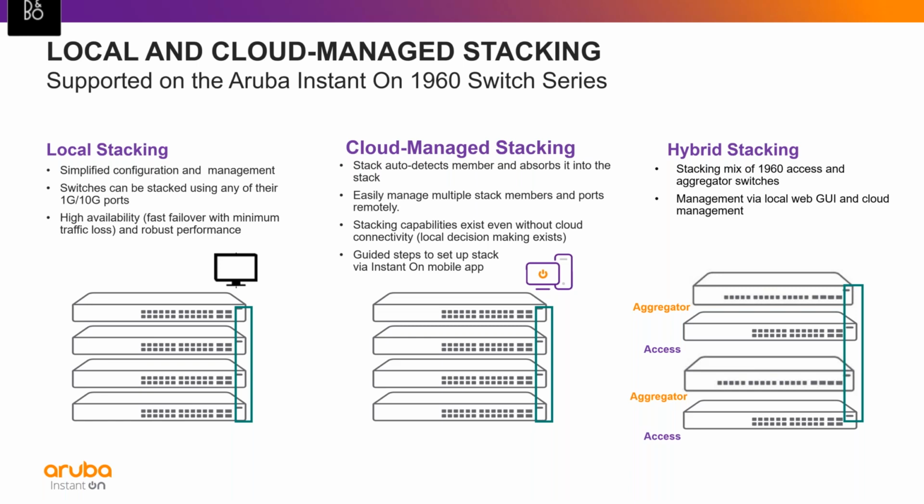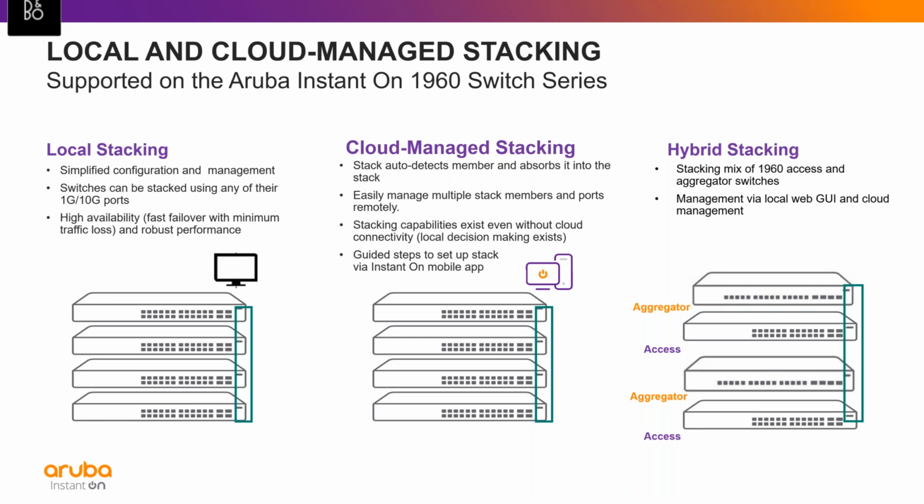You can stack these using either all 1 gig or 10 gig, but there needs to be connections between those. And notice in this case, we've got what we refer to as a redundant stack. So the one on the top connects back around to the one on the bottom. So if there's a failure, it's not noticeable to the actual user.